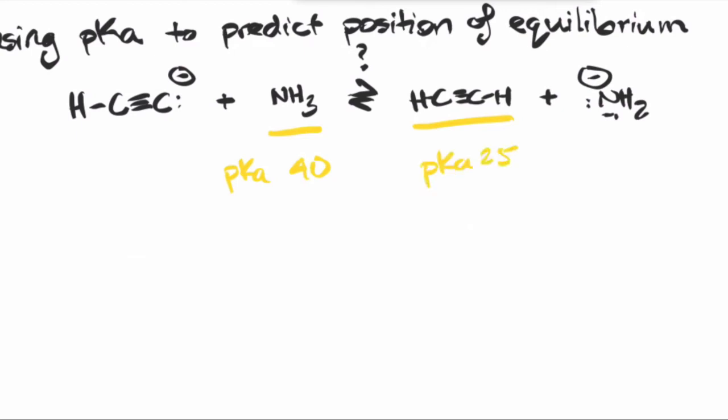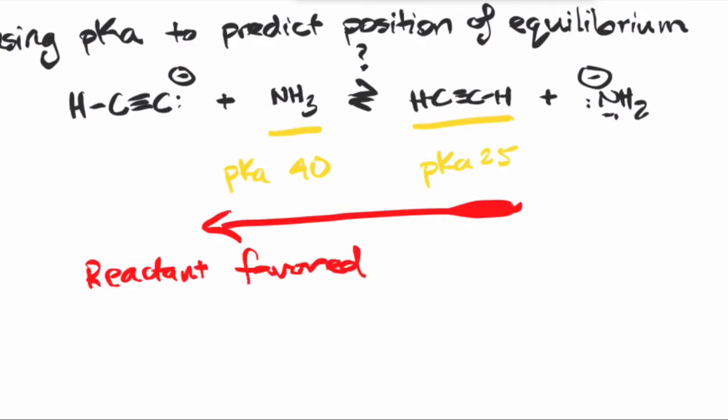So because of that, the alkyne is a stronger acid. And if the stronger acid is in your product, then it's going to push your equilibrium to the left. So in this equilibrium, the reactants are favored. From an application perspective, then, you would not want to use this anion to deprotonate the amine.